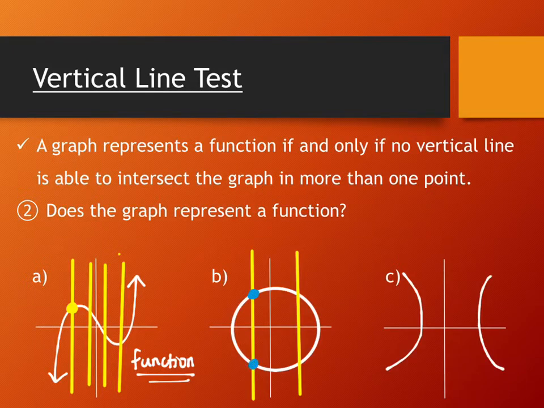So these 2 ordered pairs have the same x value and different y values. That's exactly what you can't have in order for it to be a function. You can't have the same x value and different y values. We'll get to that in a little bit later. You can't have the same x value and different y values. If you do, then it's not a function.